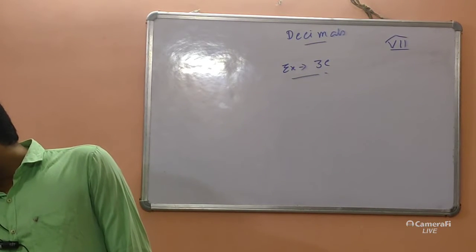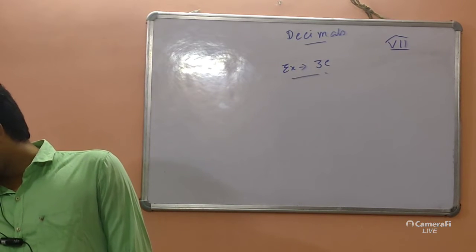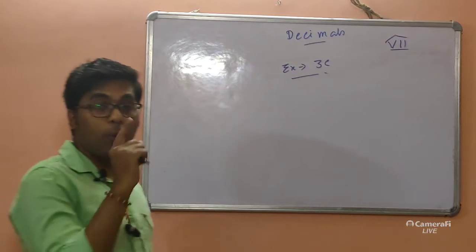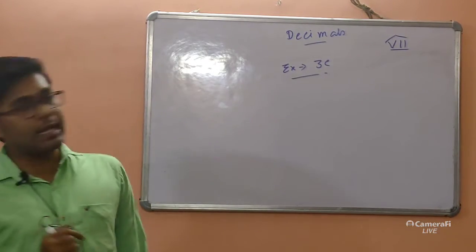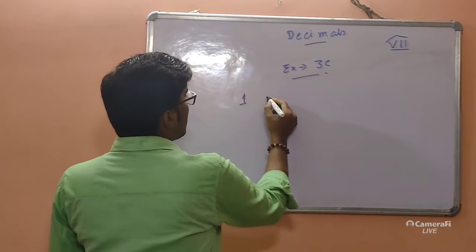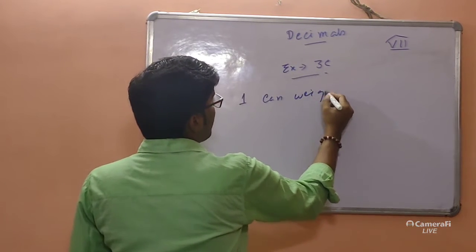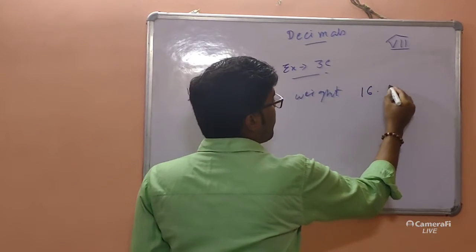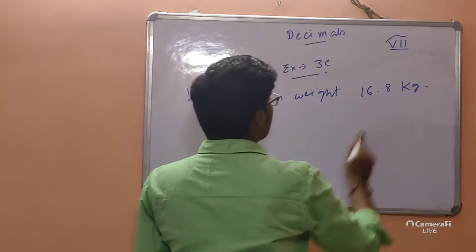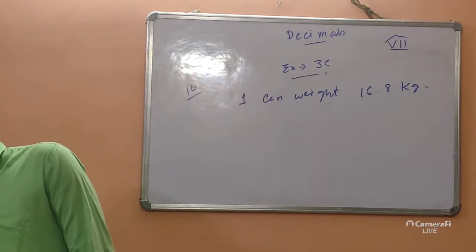A tin of oil weighs 16.8 kg. What is the weight of 45 such tins? So one tin weighs 16.8 kg.